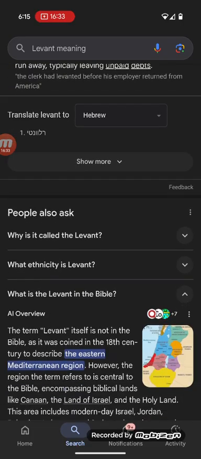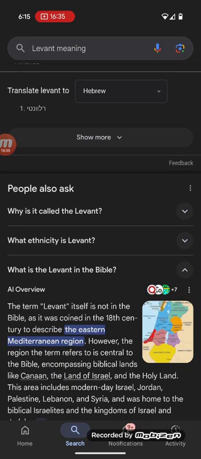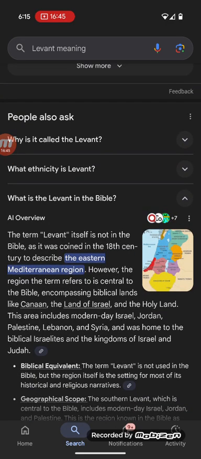All right, it says, what is the Levant in the Bible? It says, the term Levant itself is not in the Bible, as it was coined in the 18th century to describe the eastern Mediterranean region. However, the region the term refers to is central to the Bible, encompassing biblical lands like Canaan, the land of Israel, and the Holy Land.